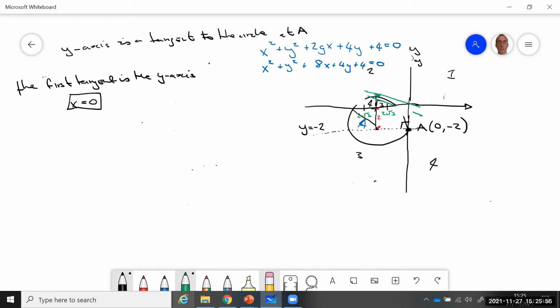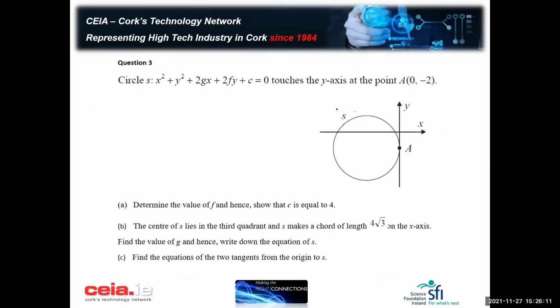There's an intersection there. Sorry about the bad diagram. If I could go back to the question, it'll go from here, run across the top of the circle and graze the x-axis like that. It'll be a tangent like that. That should be a straight line, but it'll be like that.